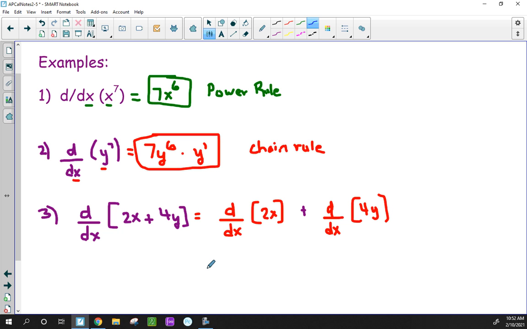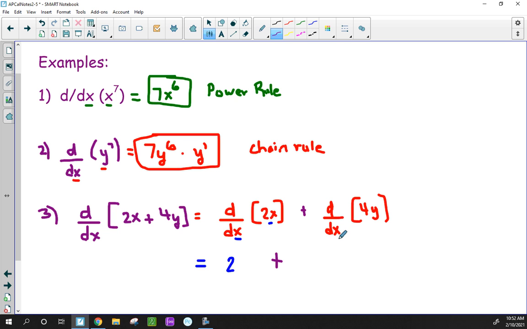Okay. Alright, so let's check this out. These are the same. Derivative with respect to x of 2x is just 1 times 2 is 2, and that would be x to the 0, which is just 1. So the derivative here is just 2. Drop a plus sign down.